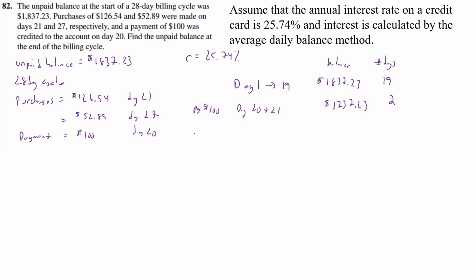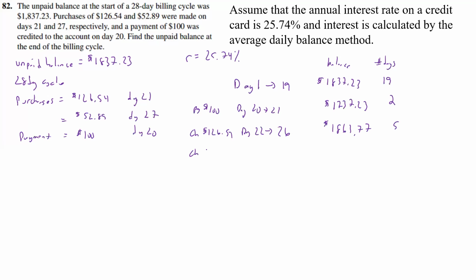But we made a charge of $126.54. And that was for days what? Well, day 22 through 26, because then it's going to have a different value there. That's going to add 126.54, which gives us $1,863.77. There were 5 days for that.